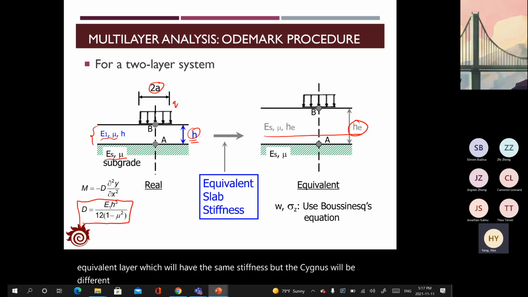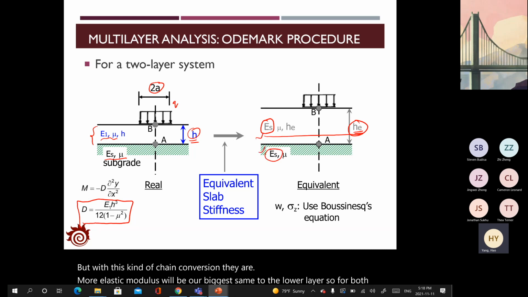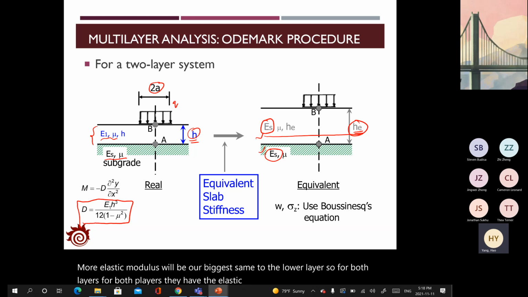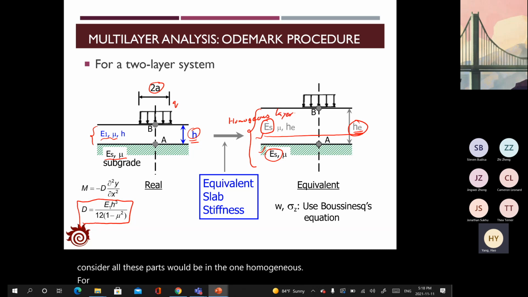Instead of the true thickness of H, we will have the equivalent thickness of HE. With this conversion, the elastic modulus will be the same as the lower layer. So for both layers, they have the elastic modulus of ES. With that, you can consider all these parts to be in one homogeneous layer, and you just have the modified thickness of the top layer.